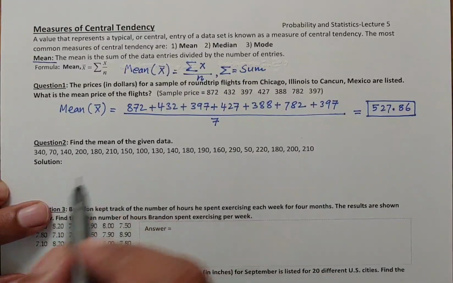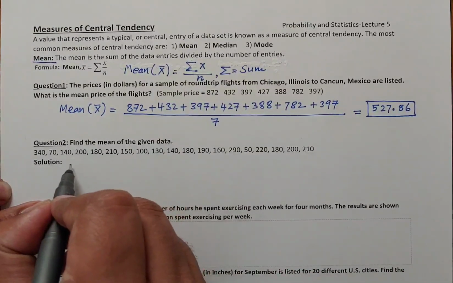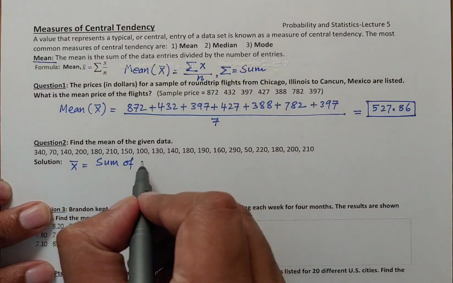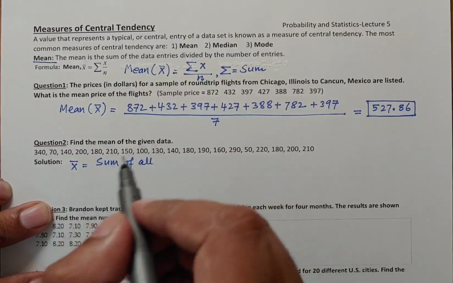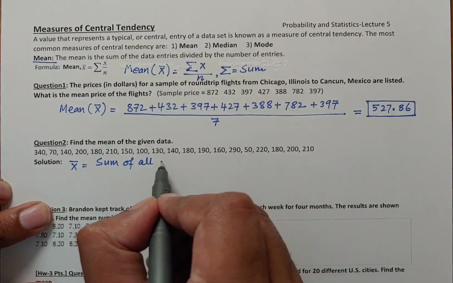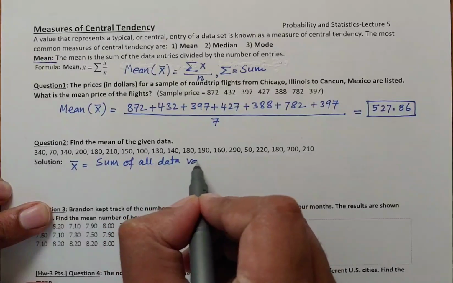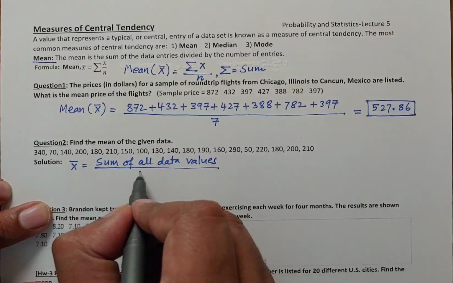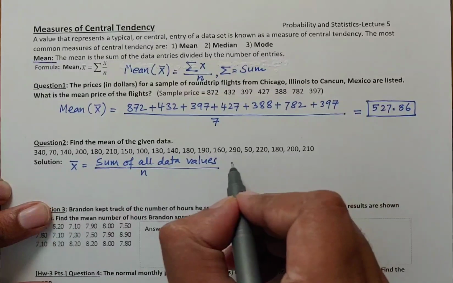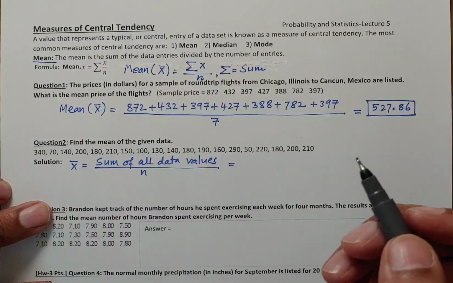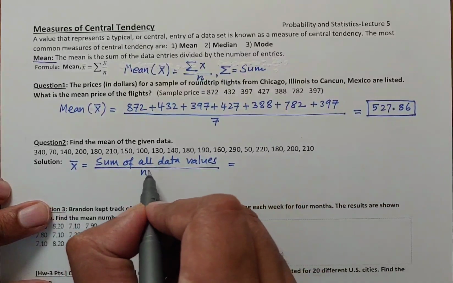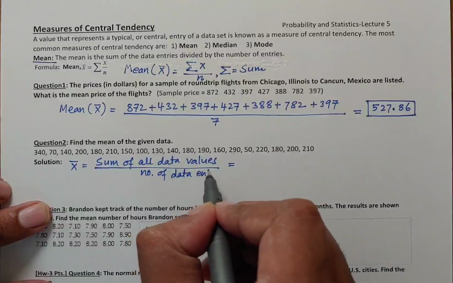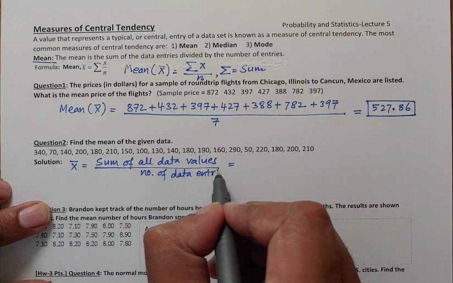So x bar equals the sum of all data values divided by n, the number of data entries.